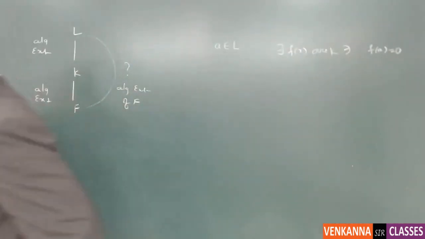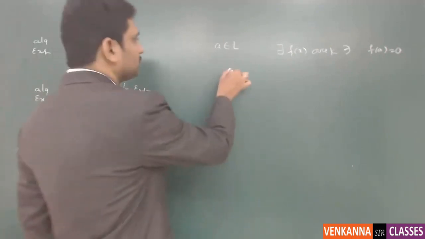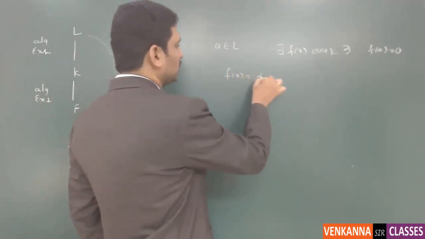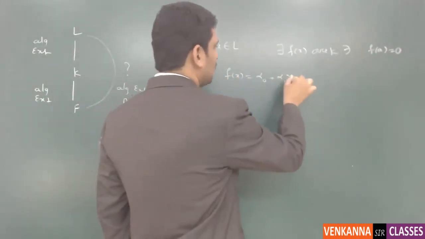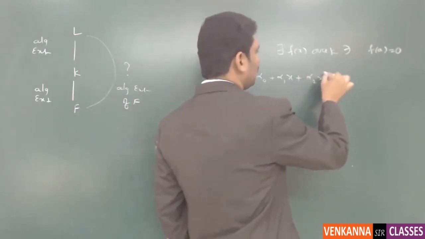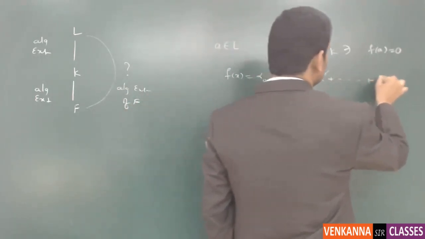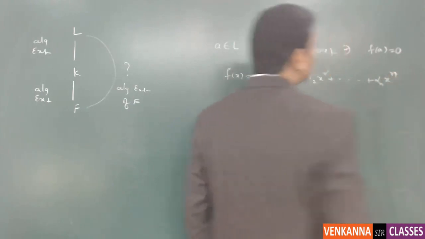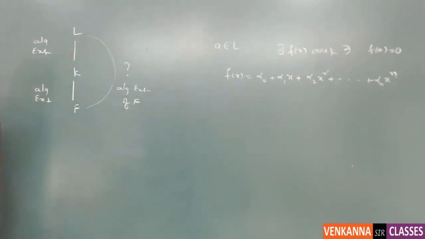A is the root of that polynomial. So we can define the polynomial as f(x) = alpha naught + alpha 1 x + alpha 2 x squared + and so on + alpha n x to the power n, and A is satisfying this polynomial. Did you get that?